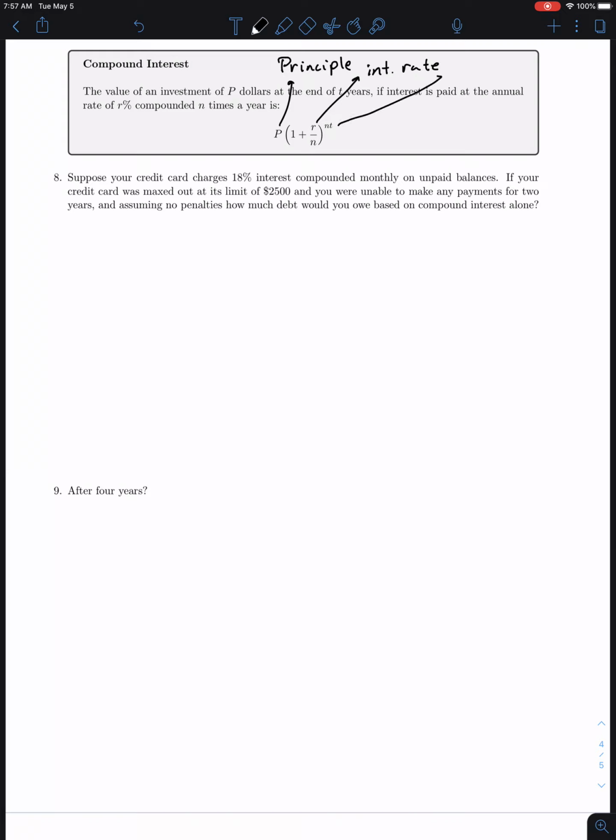The T is still the time in years. What we've added in are these two N's. That is the number of compoundings, which is where the word comes from. But what does compounding mean? It's the number of times the interest is calculated.